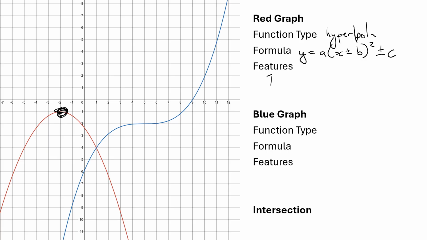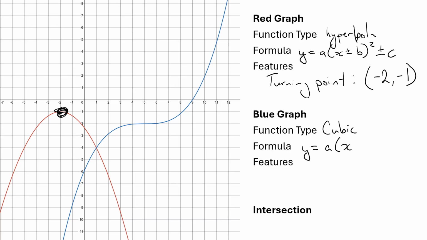So our turning point is going to be -2, -1. Okay, and then the blue graph, our function type, that is a cubic. Our formula is y equals a, open bracket, x plus or minus b, cubed, plus or minus c.